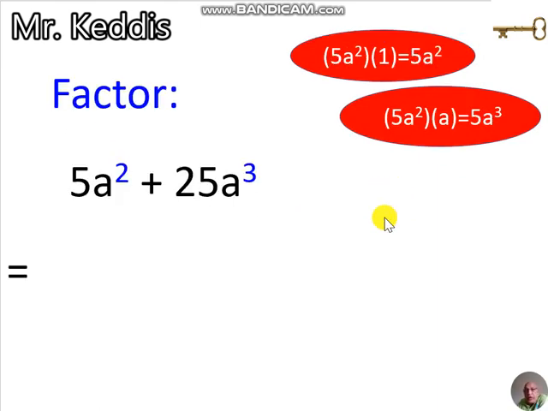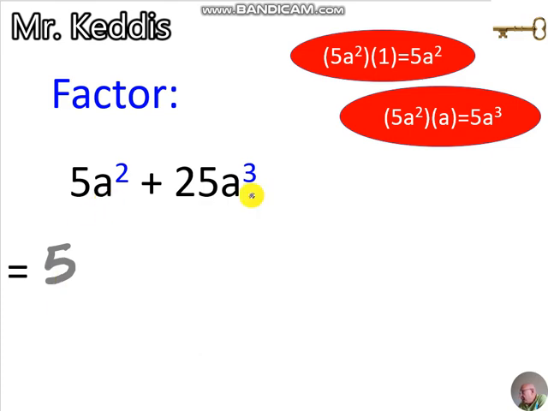To factor 5a squared plus 25a cubed, I take 5 here, the common factor of 5 and 25.